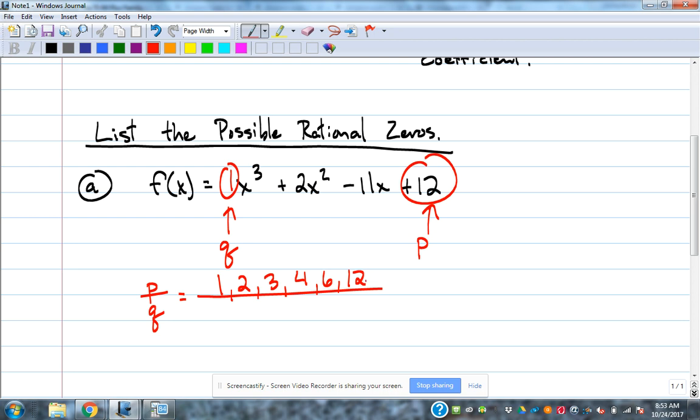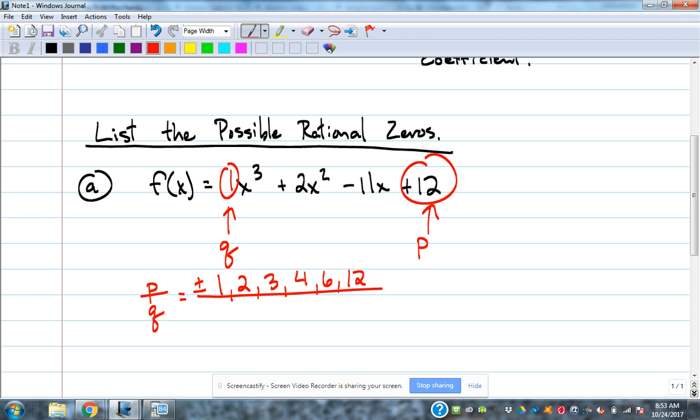Now, since we're dealing with polynomials, we've got to also think, okay, that's plus or minus on all of those. I kind of let you get by with not writing plus or minus in front of all of them. You'll see in a lot of textbooks, they're going to write an individual plus or minus in front of each number. I don't require you to do that because just know the plus or minus goes in front of all of them. So just put one of them there.